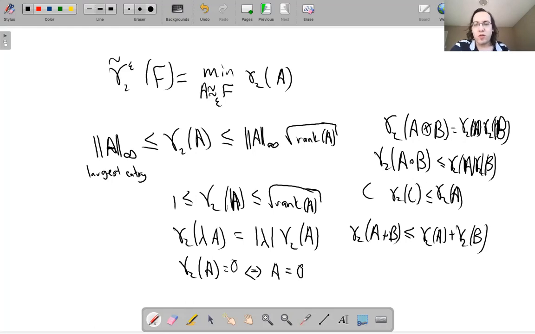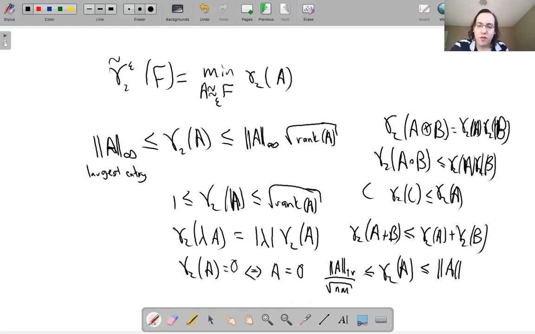The gamma 2 norm of a matrix is also at most the largest singular value, which is the spectral norm of the matrix. And it's at least roughly the average singular value. That is, it's at least what's called the trace norm, which is the sum of singular values, divided by the square root of n times m, where n and m are the dimensions of the matrix.